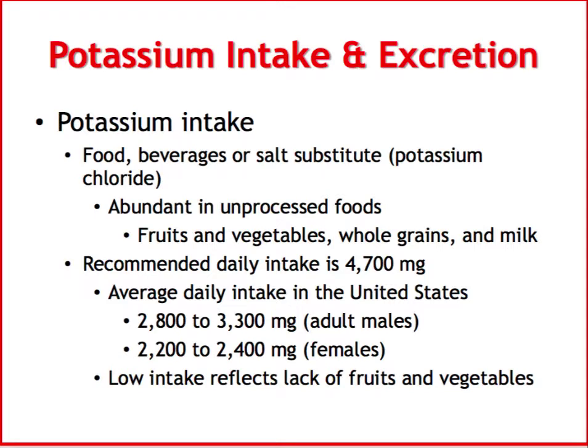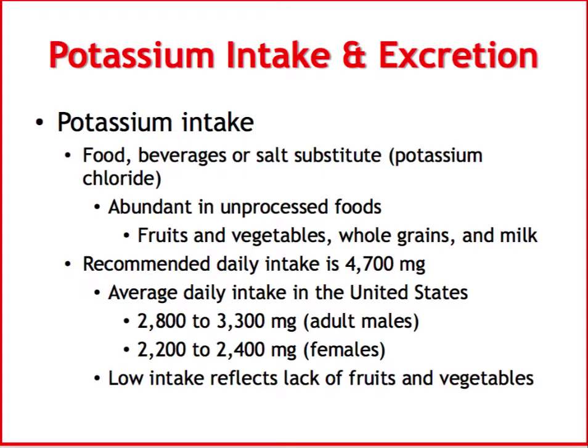The recommended intake for potassium is 4.7 grams or 4,700 milligrams. But the average daily intakes in the United States fall far below the dietary reference intake for potassium, and that low intake reflects the lack of fruits and vegetables.